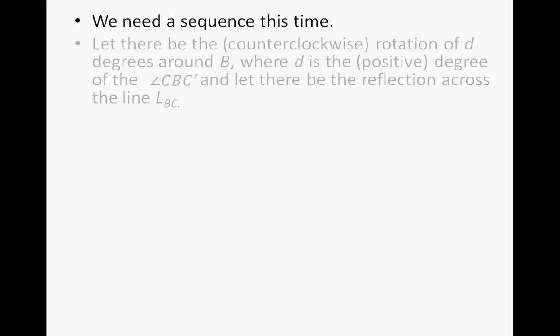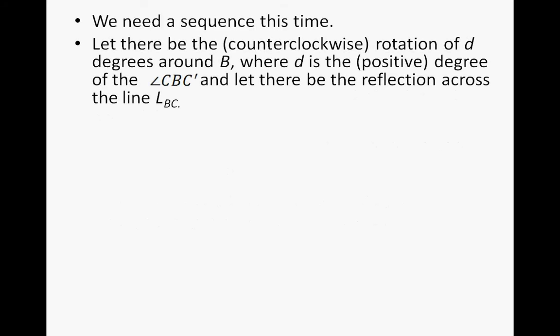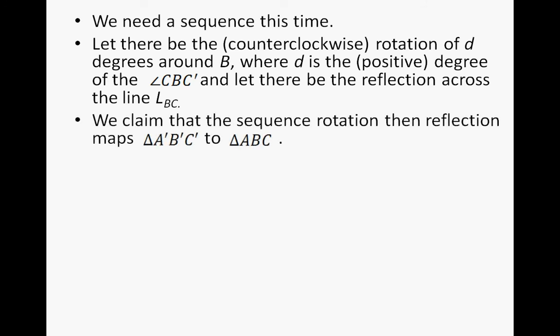So we need a sequence this time. First we're going to counterclockwise rotate D degrees around B, where D is a positive degree. Then we have angle CBC prime, and then we're going to reflect across the line BC. And we claim that the sequence, rotation then reflection, maps A prime, B prime, C prime onto ABC.